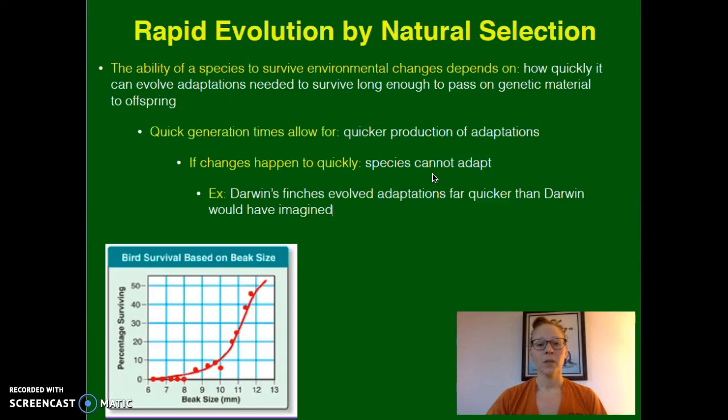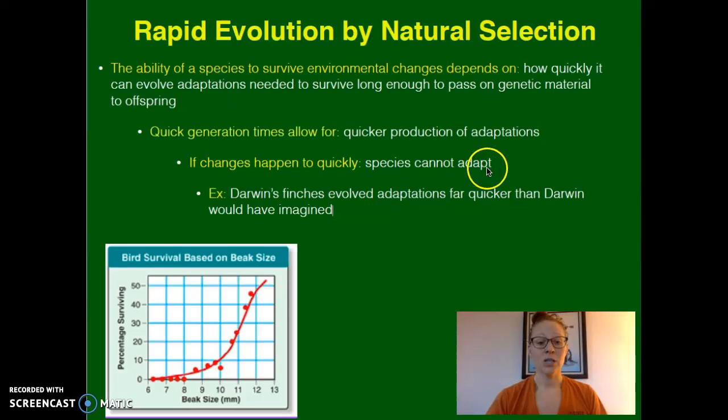The quicker that a population can reproduce, the more quickly they're going to have mutations add up and changes build up and adaptations accrue. And if you can accrue more adaptations, you're going to be able to adapt more quickly. And so therefore, evolution will occur in populations that can reproduce more quickly and have quicker generations.